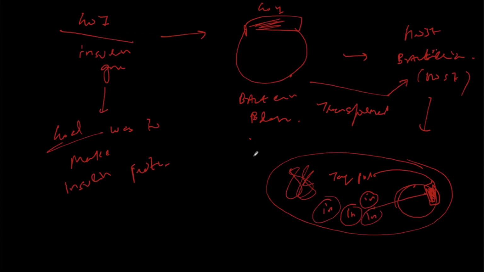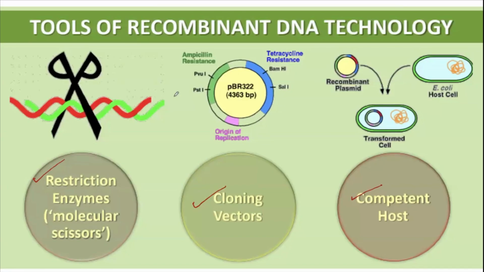So based on my ultimate goal, what my end goal is with the gene of interest, I'll be selecting the host. That's the third tool of recombinant biotechnology. So we identified the insulin gene, used molecular scissors to cut both the bacterial plasmid and the insulin gene, and then we pasted it.